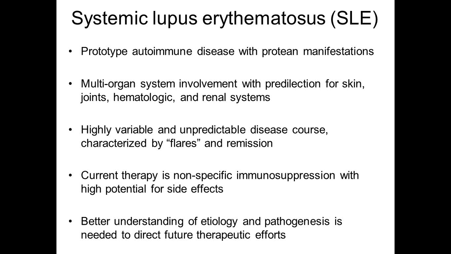All lines of evidence point to the idea that it's an abnormal activation of the immune system that causes the disease. But when you start asking more questions, we quickly realize we don't have a lot of the answers.